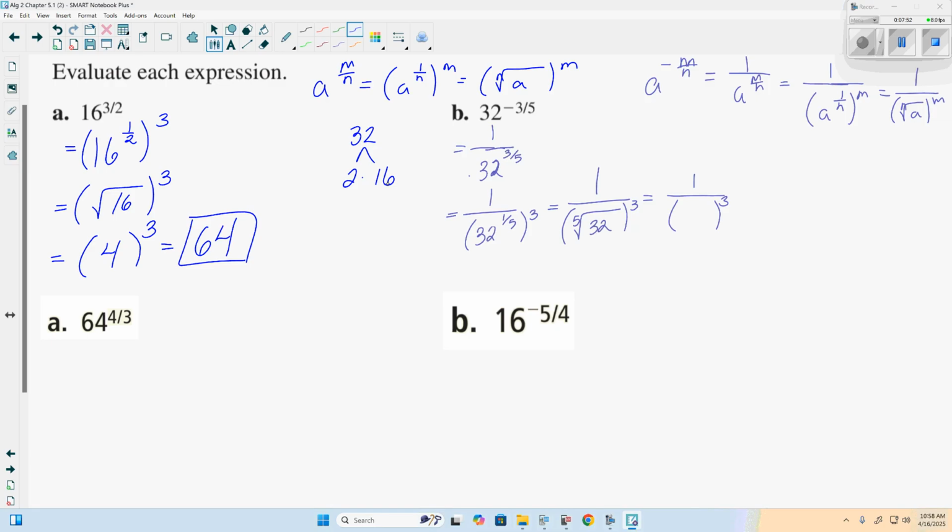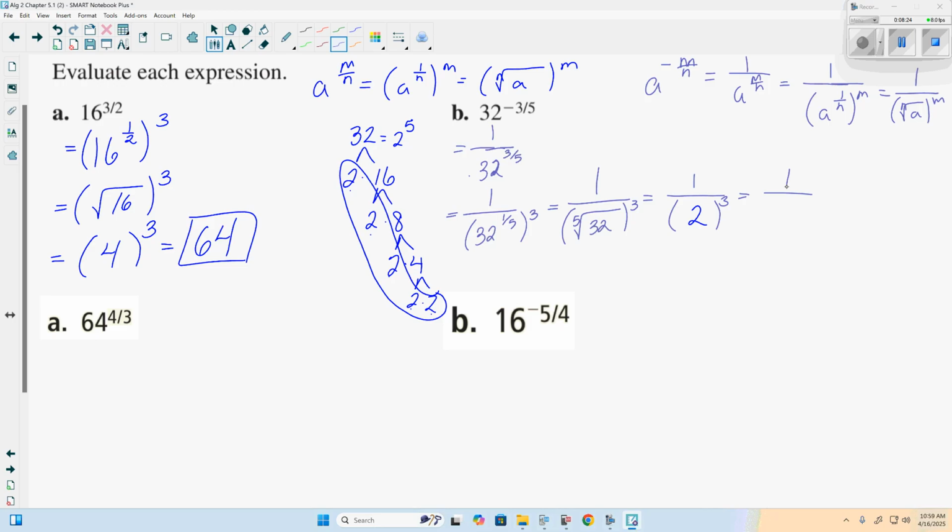Those two multiply together to give us 32. 16 is going to be 2 and 8. 8 is 2 and 4, and 4 is 2 and 2. So 32 is 2 to the 1, 2, 3, 4, 5. Telling us that the number times itself 5 times that gives us 32 is indeed 2.